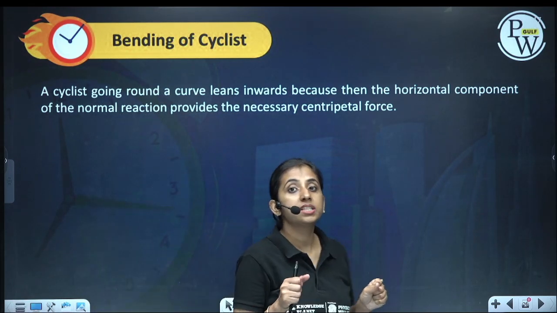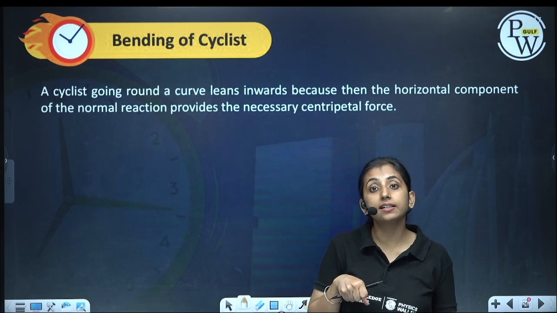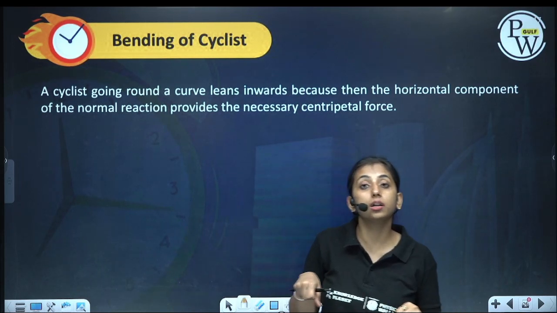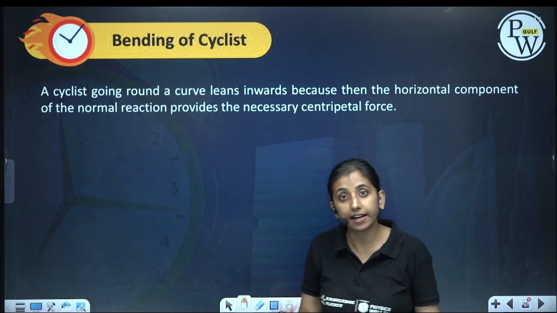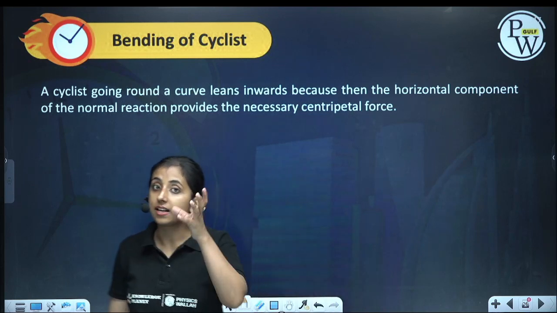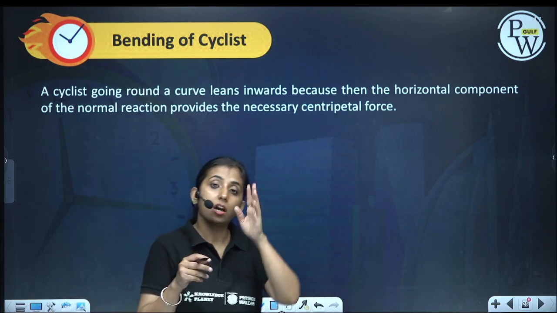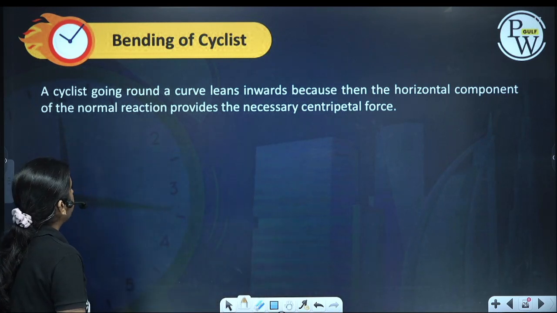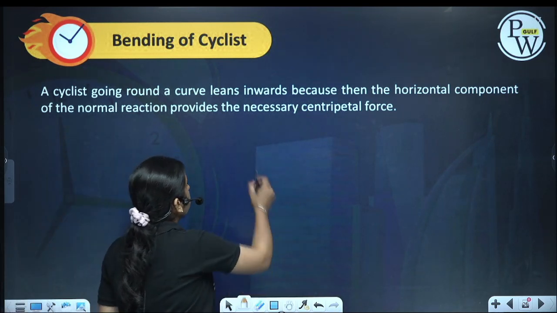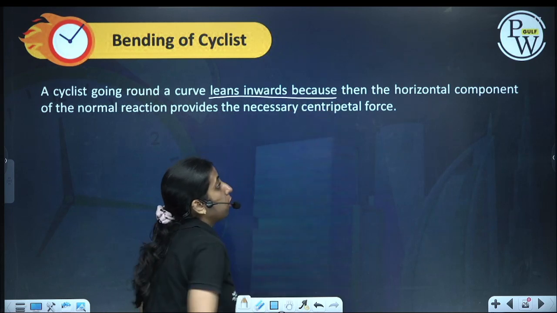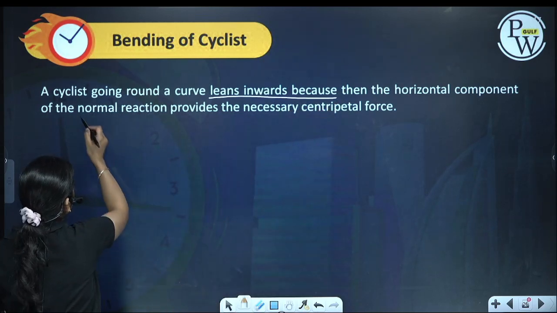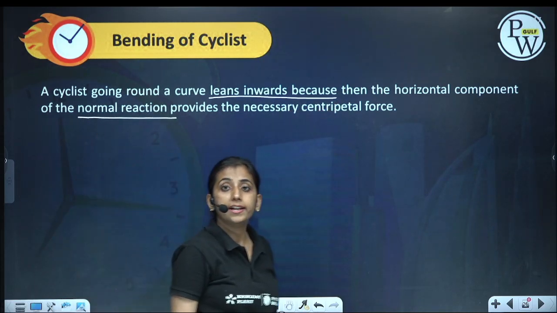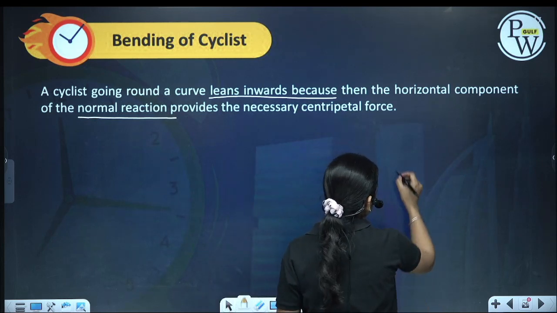So what happens is the cyclist tilts towards the center of the turn by some angle theta, so that a component of normal reaction provides the necessary centripetal force. So the cyclist leans inwards because the horizontal component of normal reaction provides the necessary centripetal force.